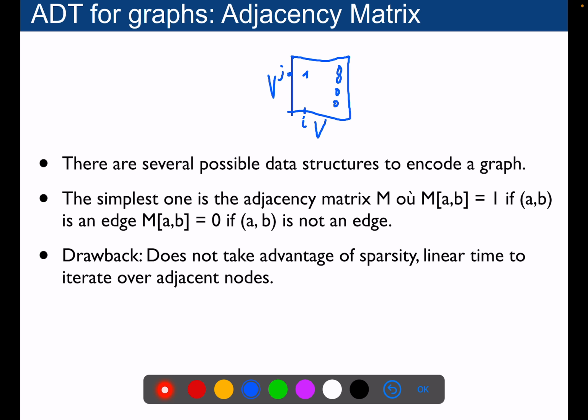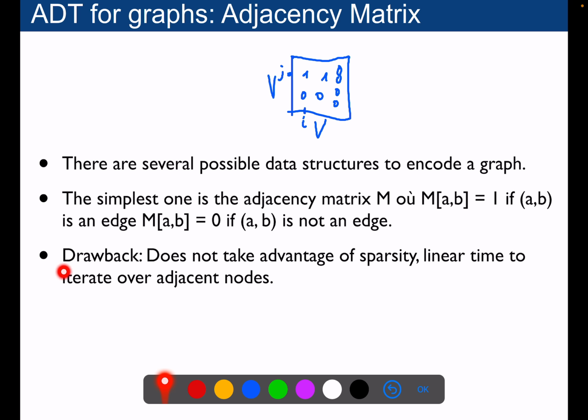All right? So you have 0, and you have 1 only when you have an edge. Okay, this is what I represent here. So in this adjacency matrix, M_AB is equal to 0 if the edge AB does not exist, and if the edge exists, you put a 1 here.